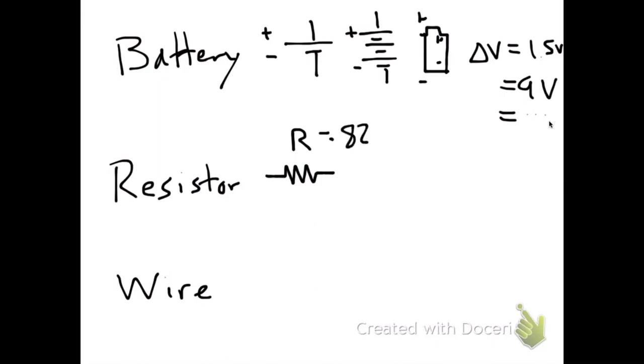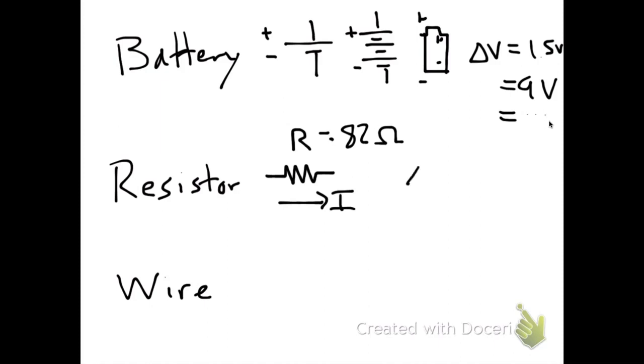Maybe it's 82 ohms or something. That's a number I made up. It could be anything. So the squiggly line is supposed to tell you this is a resistor. It's something that lets current flow through. So it may have some current I flowing through it, but it's not going to do that for free.